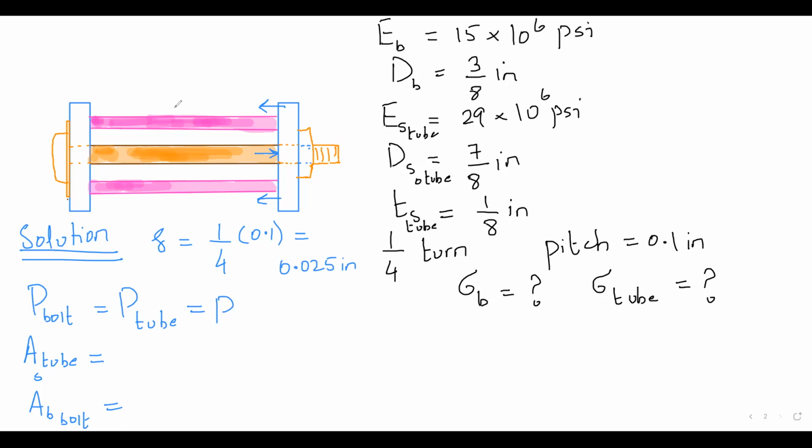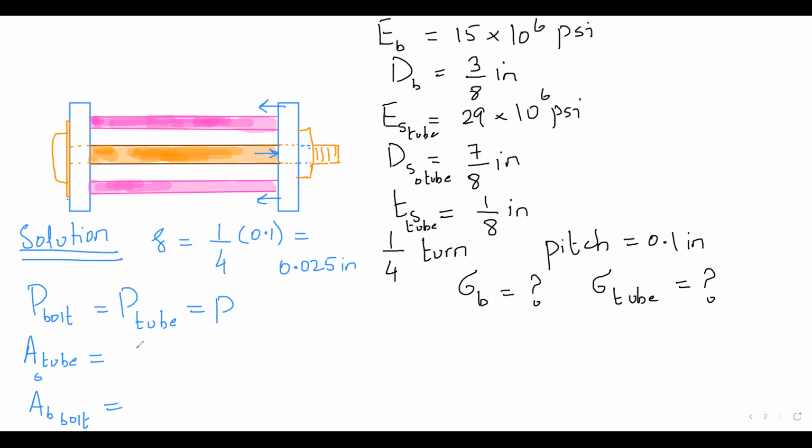What happened? Chat message: so there is no normal stress on the bolt. Why? P bolt equal to P tube equal to P. Why not? The whole thing is not floating in the air. At the end of the day, this is still in static equilibrium.